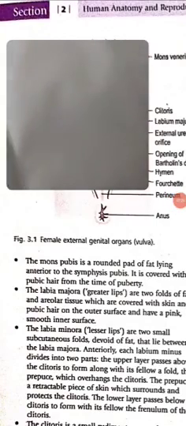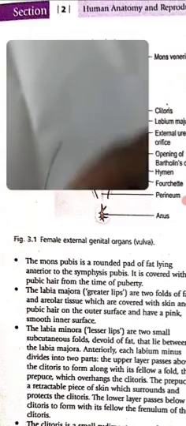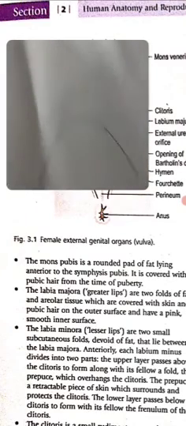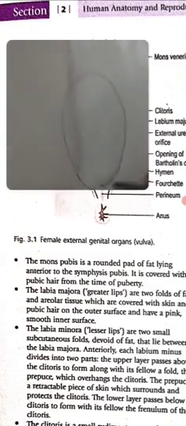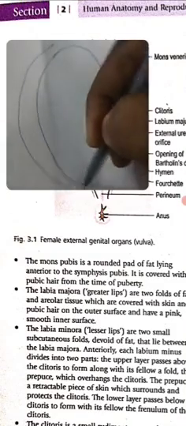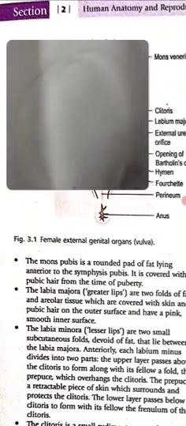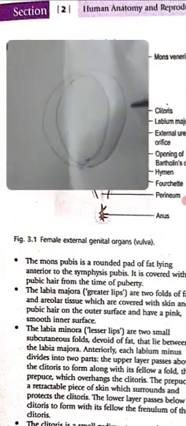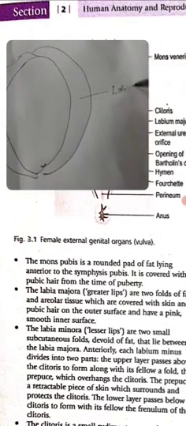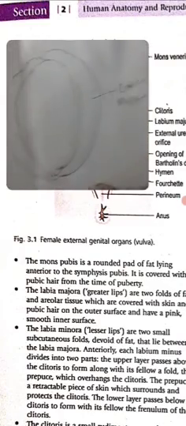Okay, I will draw just to make you understand better. So what we have here is, you can see, we have an oval, and here we have another. I hope you can see. So this is our labia majora. Good.